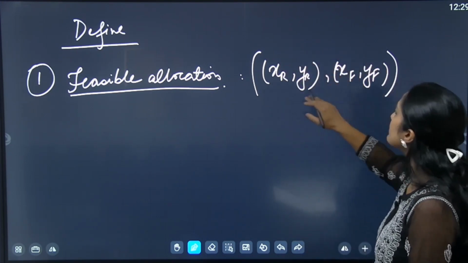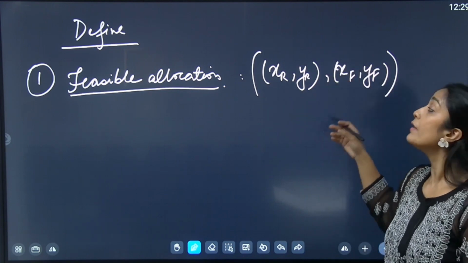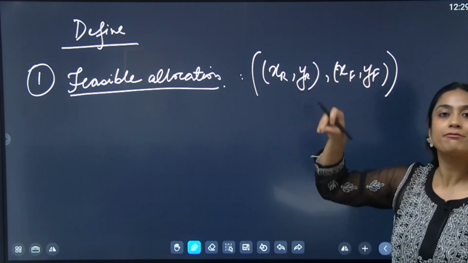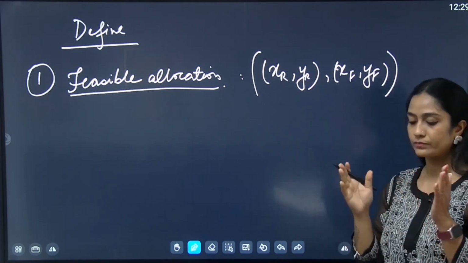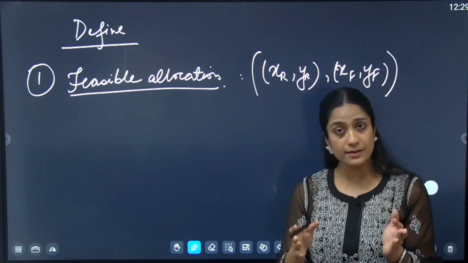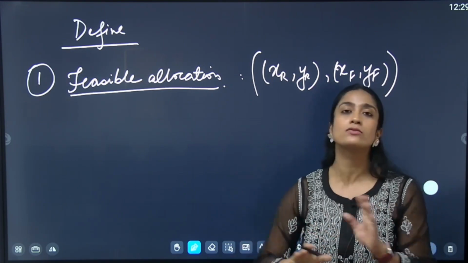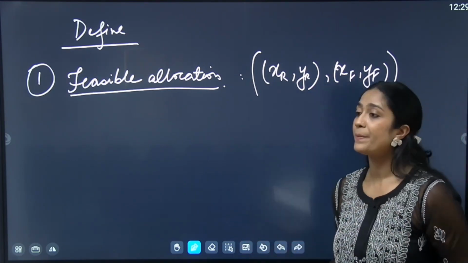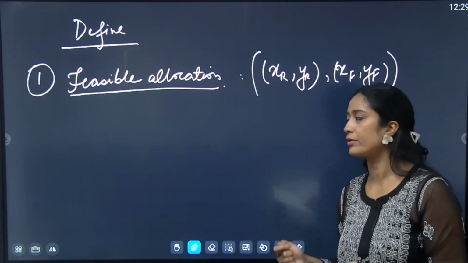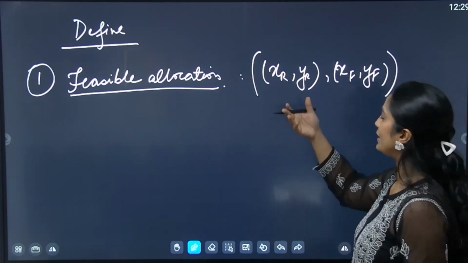Now these numbers can be anything. This allocation will be called a feasible allocation if the total available X and the total available Y is exhausted in the economy. So there is no wastage, there is no throwing around of things, there is no one hiding any particular quantity of any good.